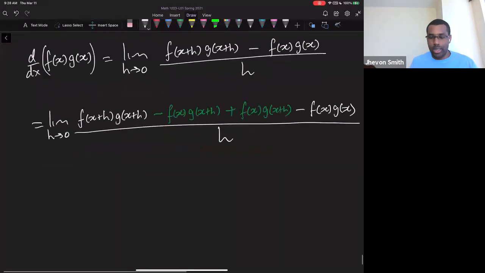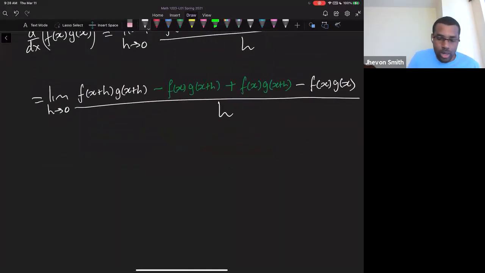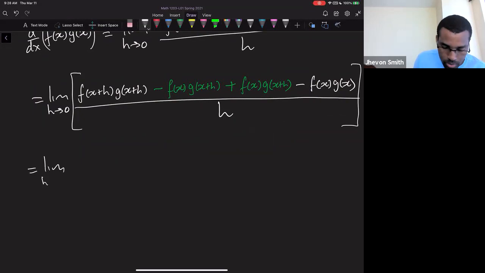It's not going to do anything. But now I'm going to split the fraction.